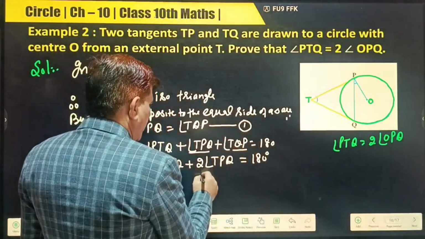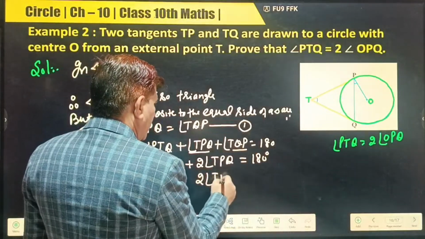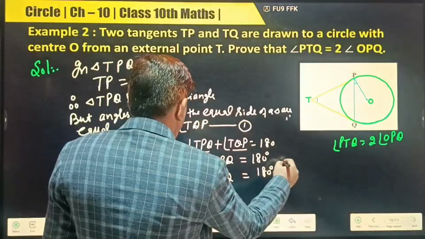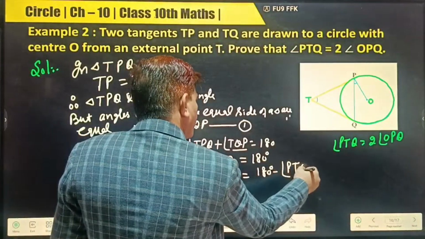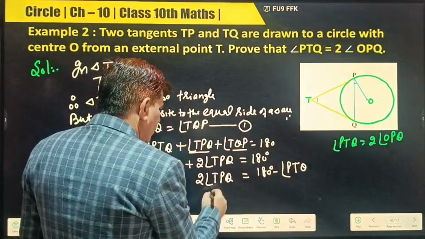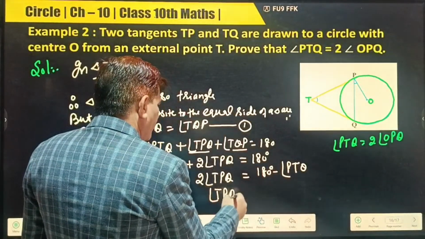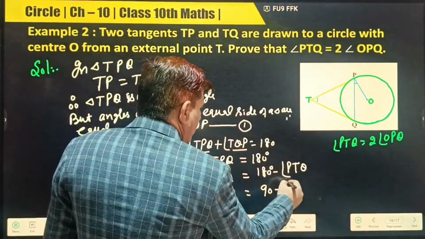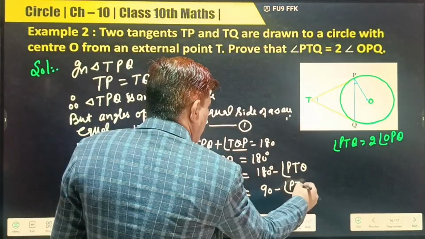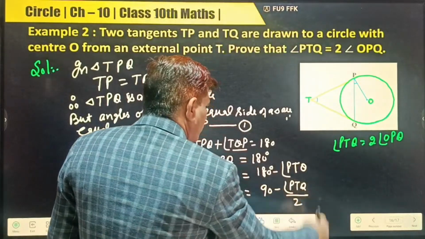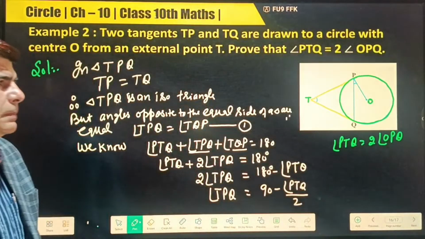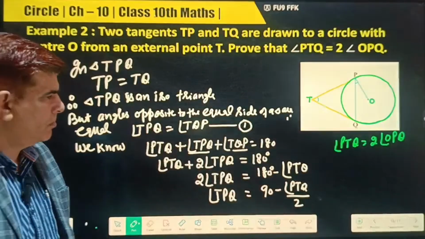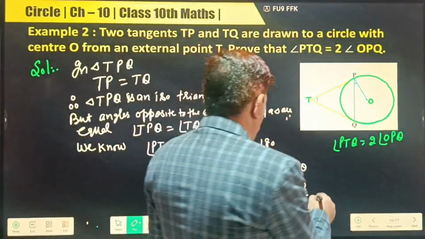Take this to that side. Twice angle TPQ is equal to 180 degrees minus angle PTQ. So what's your angle TPQ? It is equal to, if you divide this by 2, 90 minus angle PTQ by 2. Yes or no? Leave this also here, we will use it.